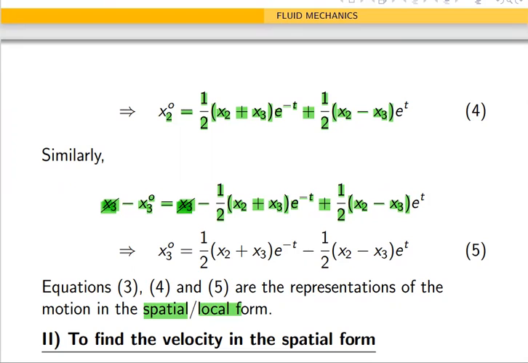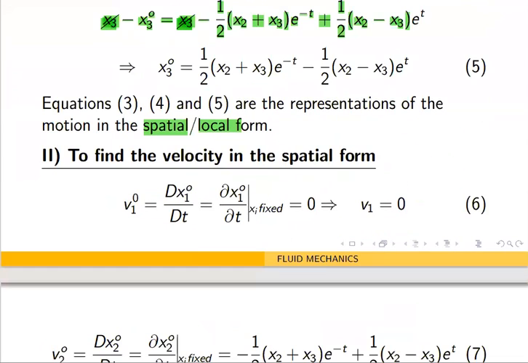Once we have the motion in the spatial form, it is very easy to find the velocity in the spatial form. What we have to do is differentiate with xi fixed. So what is v1 naught? We'll not take this, this is wrong actually.